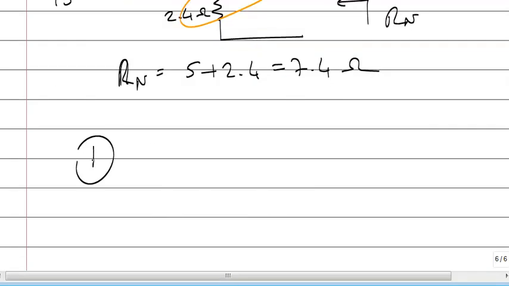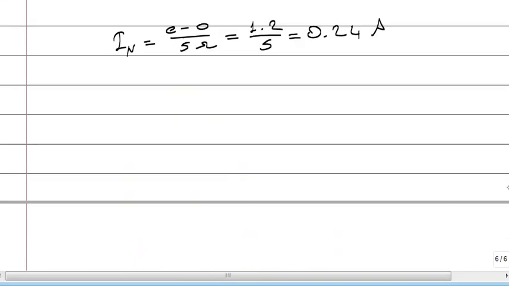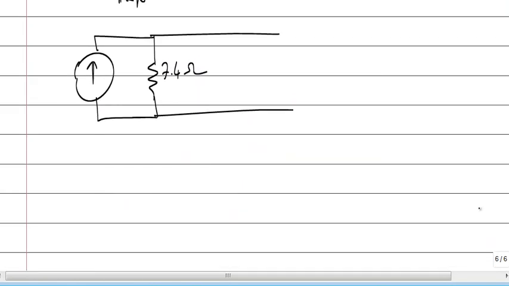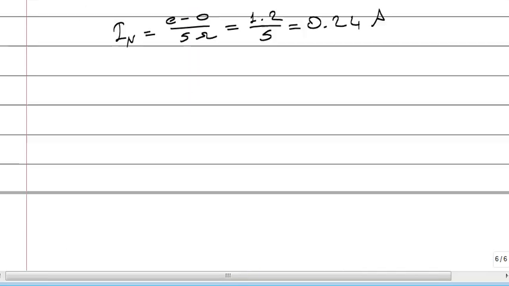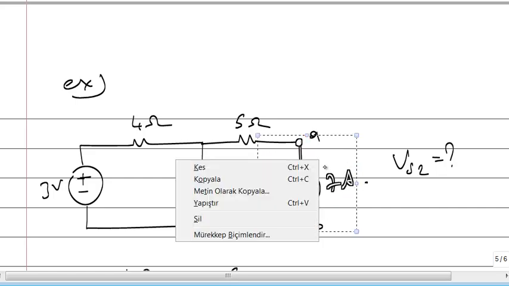Okay, let's draw the equivalent model. Resistance is 7.4 ohms. Current is 0.24 amps. And now these are points A prime, B prime. Now I can put the source here and then calculate the voltage.